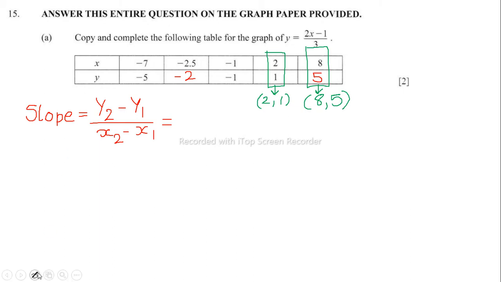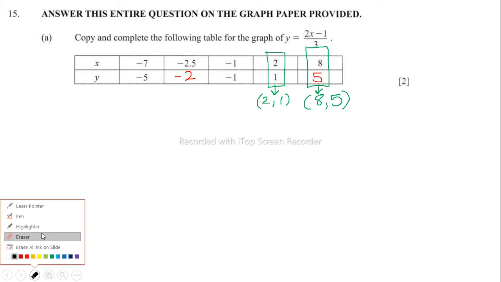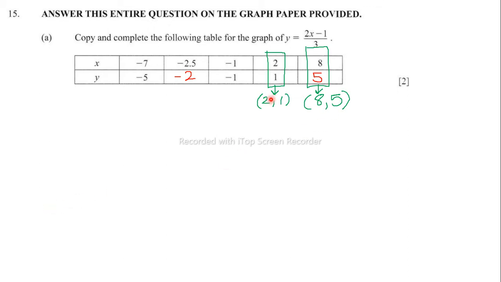Okay, so that's important. Those are the points that we choose. So the first point that you choose, you're gonna label them. That's gonna be your x1 and your y1. The second one is gonna be your x2 and your y2.